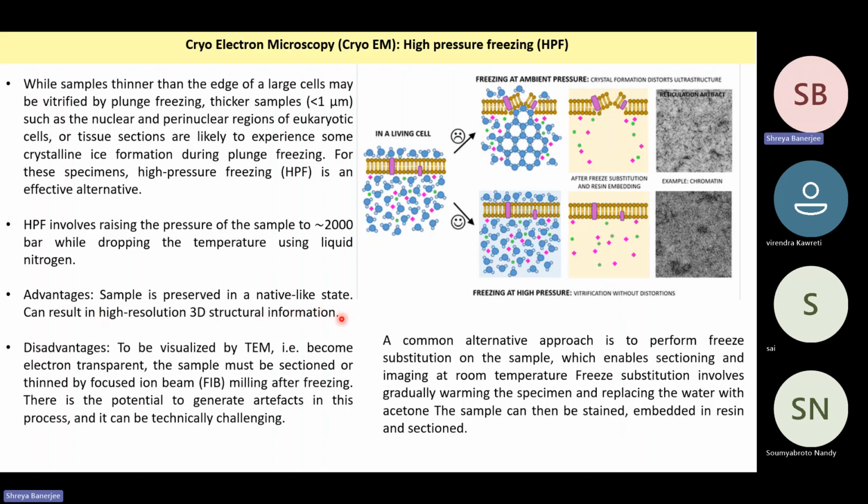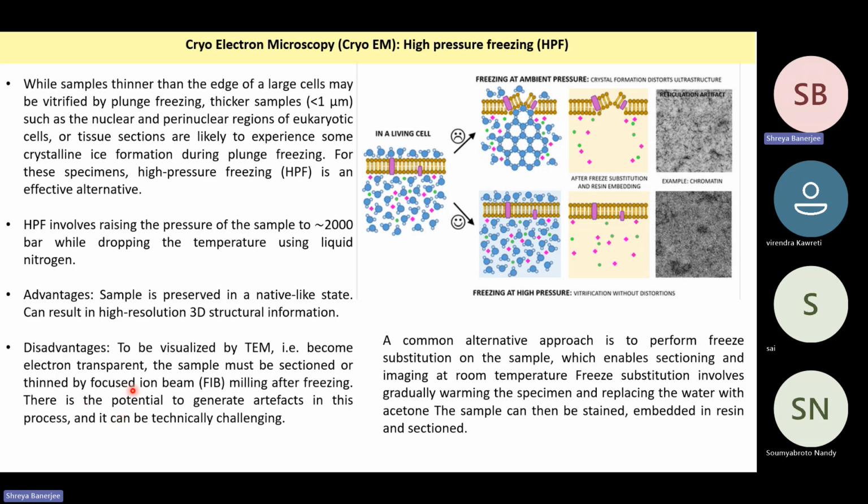structural information. The disadvantage is that to be visualized by transmission electron microscopy, the specimen needs to be very thin. But in this case, the specimen is not thin enough to be observed by TEM. So somehow the specimen needs to be made thinner by focusing an ion beam after freezing.